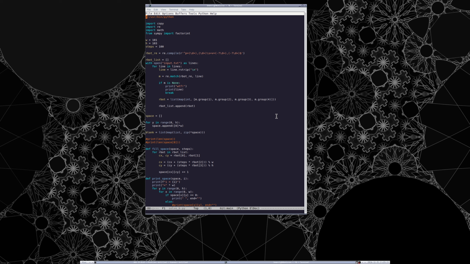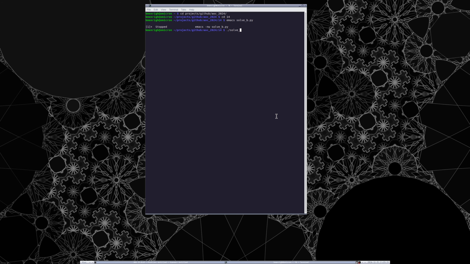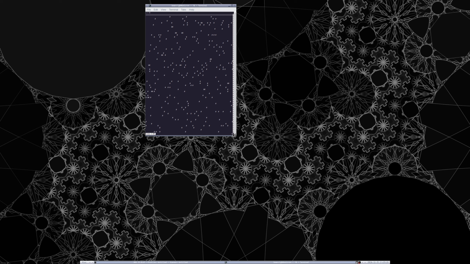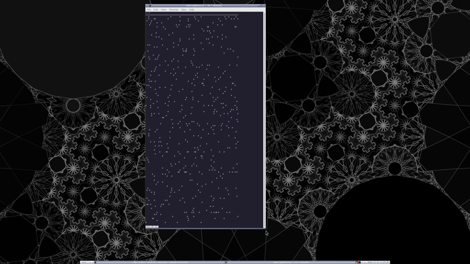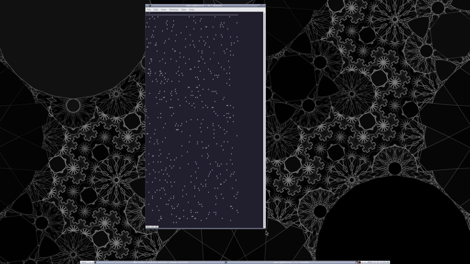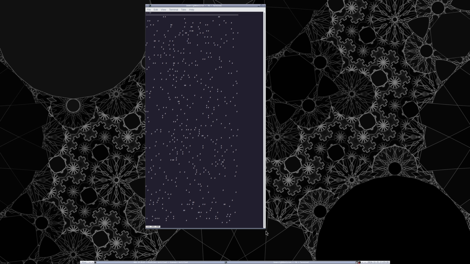So let's just take a look at the output. What I'm going to do is iterate one step at a time. Okay, and I need to resize things so that it looks correct. So what I'm doing, I'm just gonna step through, and I'm gonna look for when there is some alignment horizontally or vertically.